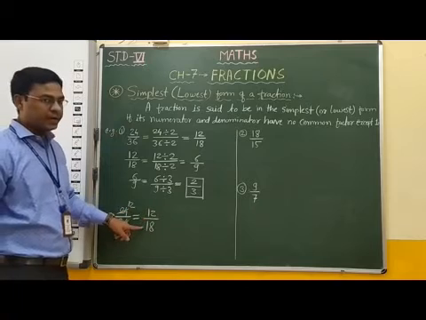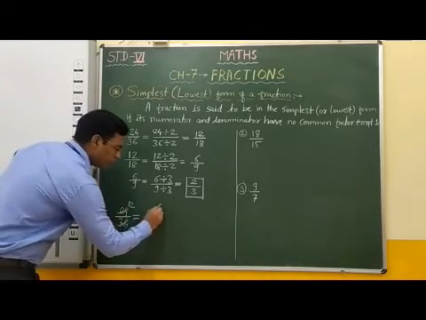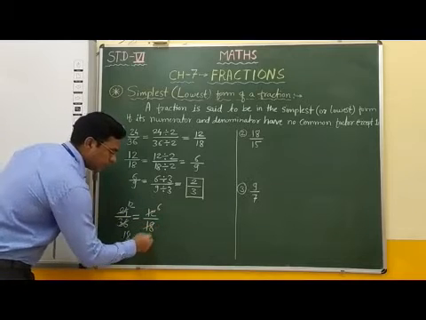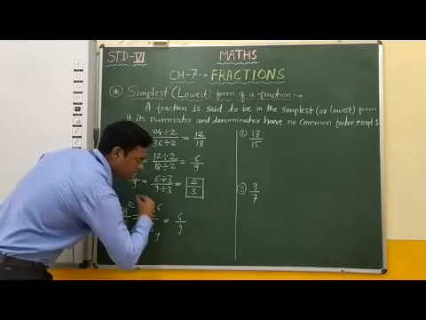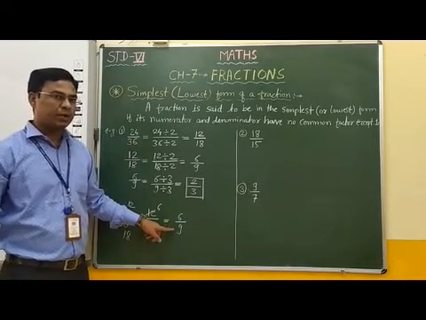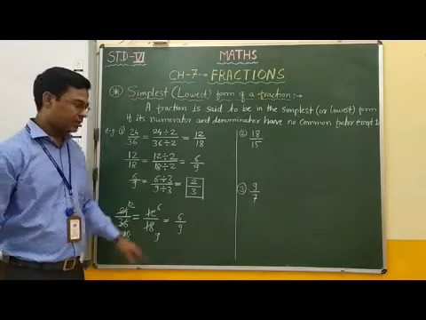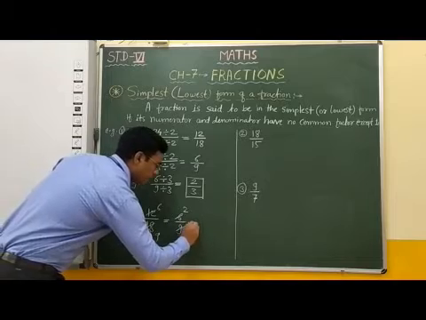Again 12 and 18 both are divisible by 2. Therefore, 12 divided by 2 is 6, 18 divided by 2 is 9. Therefore, the answer is 6 by 9. But again here 6 and 9 both are divisible by 3. Therefore, 3 2s are 6, 3 3s are 9.